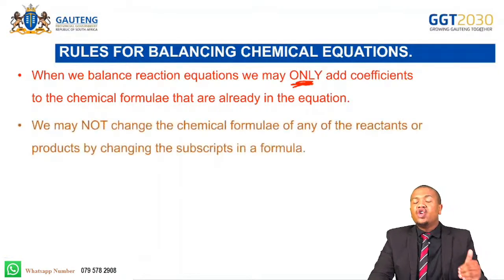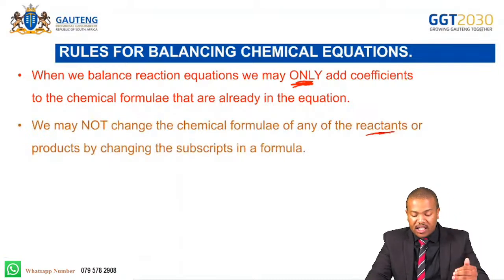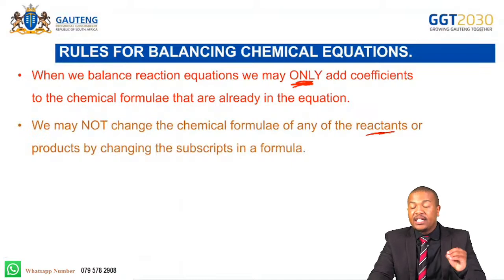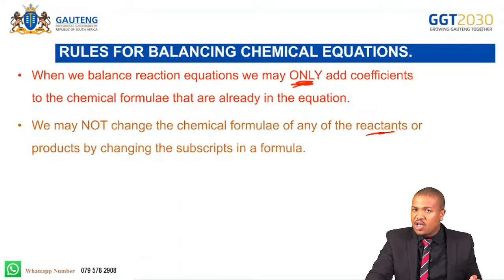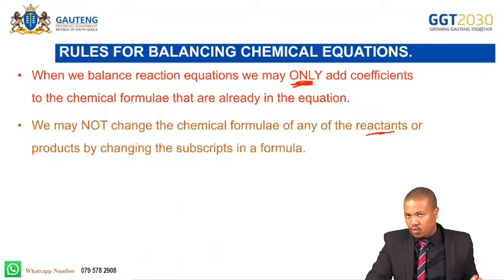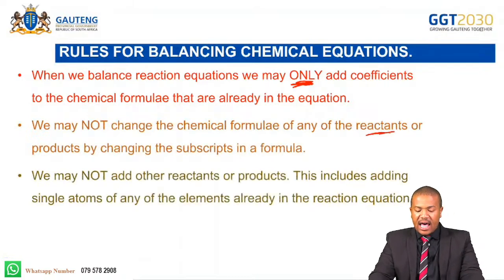Also, we may not change the chemical formula of any of the reactants or products by changing the subscripts in a formula. So basically we only add coefficients to balance these chemical equations, right? We do not change the subscripts, we do not change the atoms or elements, and we do not change the molecules, right?